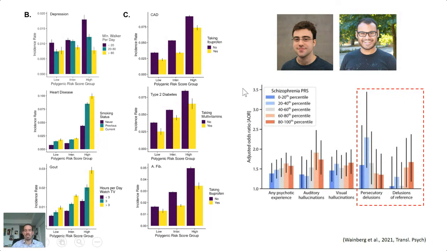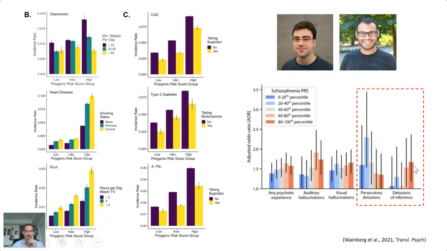Basically it turns out that it's the interaction of cannabis use and polygenic risk for schizophrenia in terms of how it affects hallucinations, delusions, different types of delusions, and psychotic experiences. It comes down to the fact that depending on your percentile of polygenic risk score, the odds of experiencing persecutory delusions or delusions of reference, if you smoke marijuana, can be quite different.